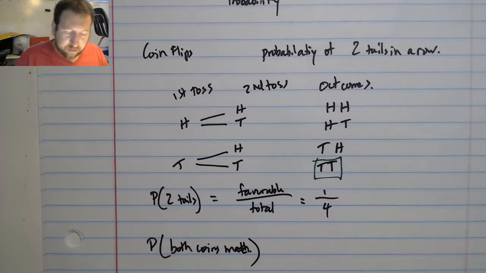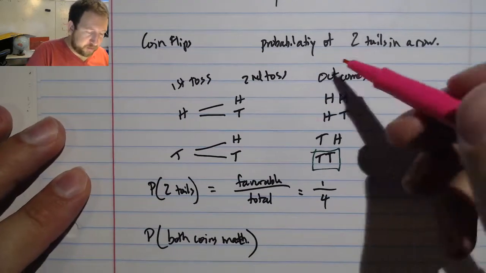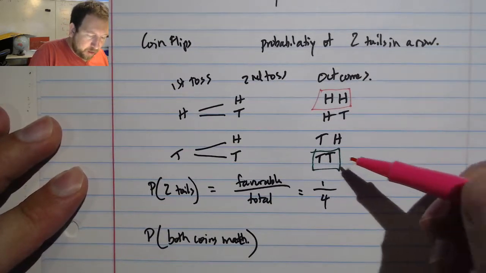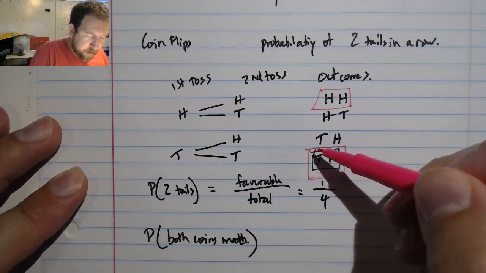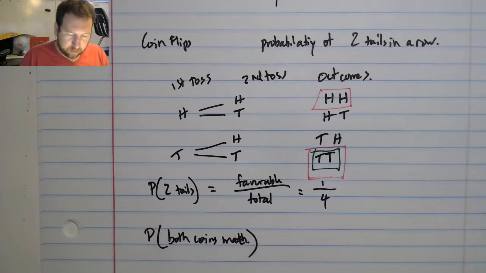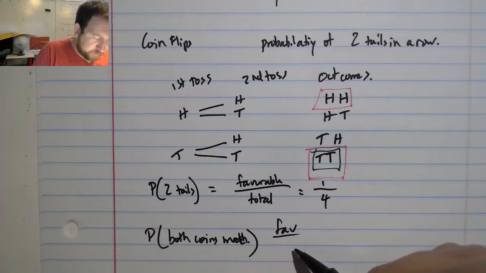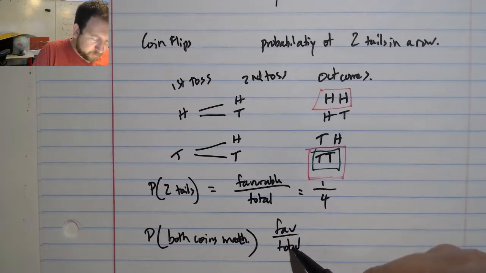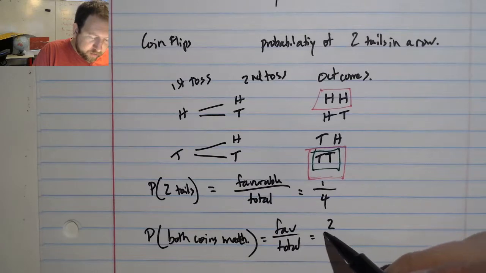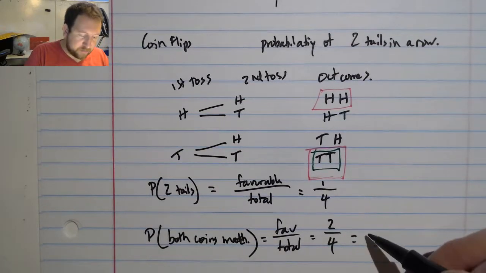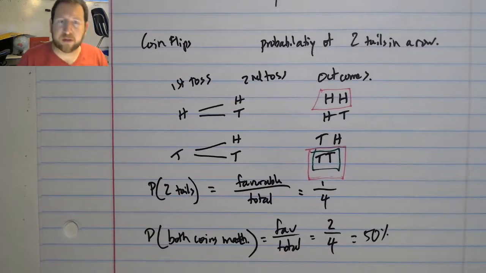Well, in this case, I'm going to return back to my tree diagram that I've built, and I'm going to say, well, they match here, and they match here. That gives me 2 favorable over total, 2 times out of 4 total, and that would give me about 50%.